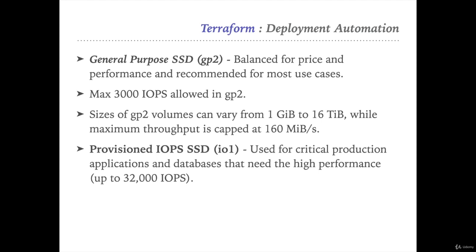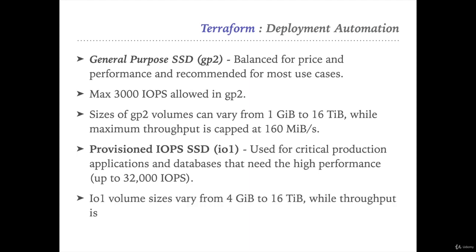But it is a bit costly as compared to the GP2 type. IO1 provides 32,000 IOPS, which is quite high compared to GP2, which supports only 3000 IOPS. The IO1 volume size varies from 4 gigabyte to 16 terabyte, while throughput maxes out at 500 megabyte per second, which is also very high compared to GP2, which is just 160 megabyte per second.